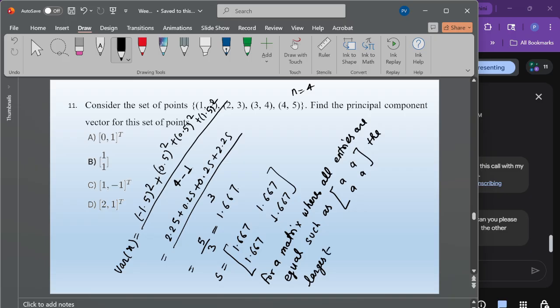So the largest eigenvalue lambda is equal to 2a.